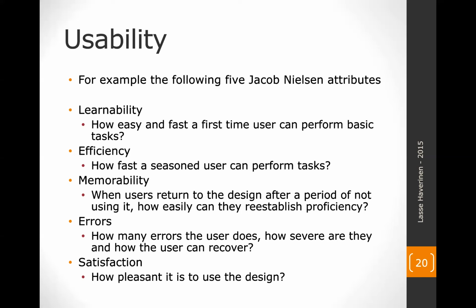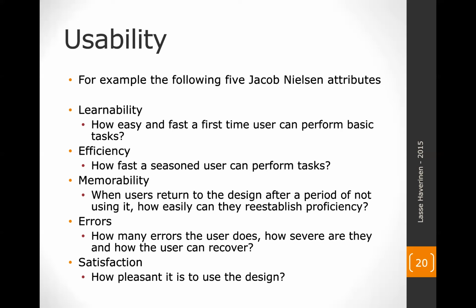Okay. So here are 5 usability attributes by a person called Jakob Nielsen. He has been working on the usability scene for many decades and has a very good reputation and has released several books about the topic as well.